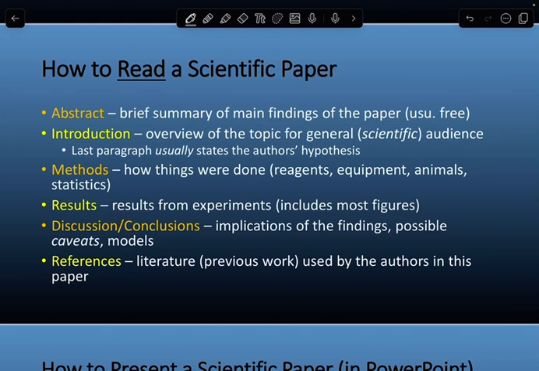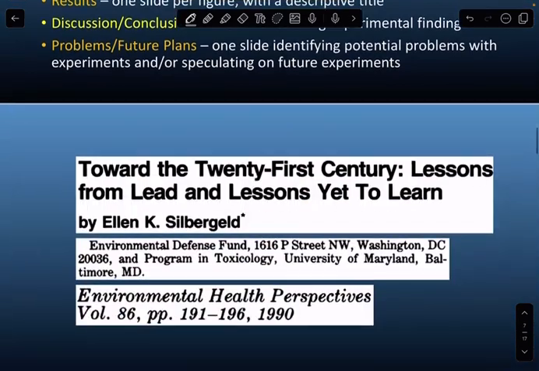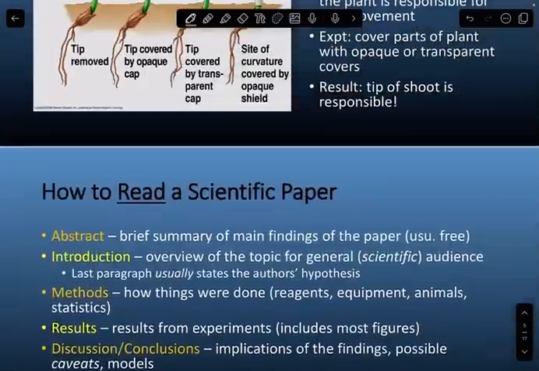Now, Silbergeld doesn't have a methods section because Silbergeld is what's called a review paper. So does anyone know what a review paper is, or what it's opposed to in the scientific literature?